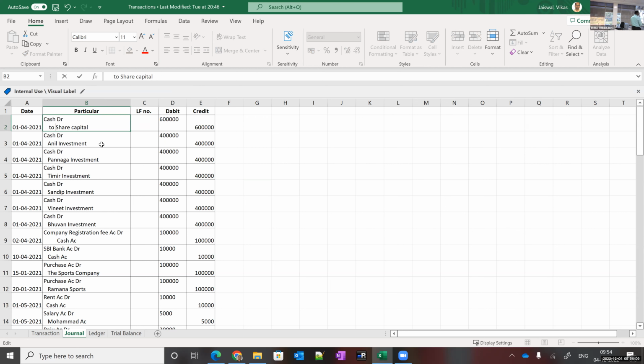If it is a partnership firm, you have to write the name of the partner, A's capital, B's capital, C's capital. His own money.